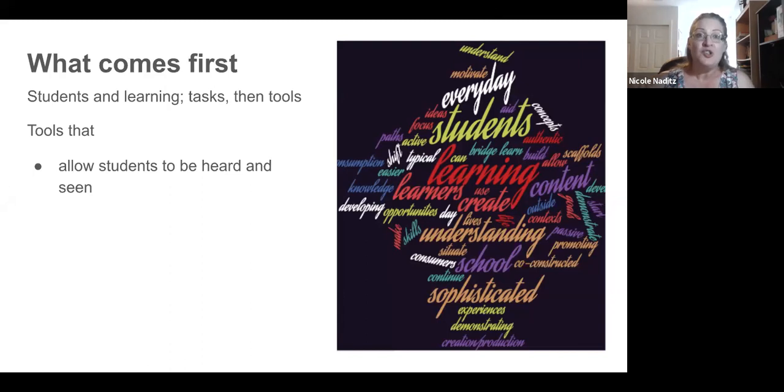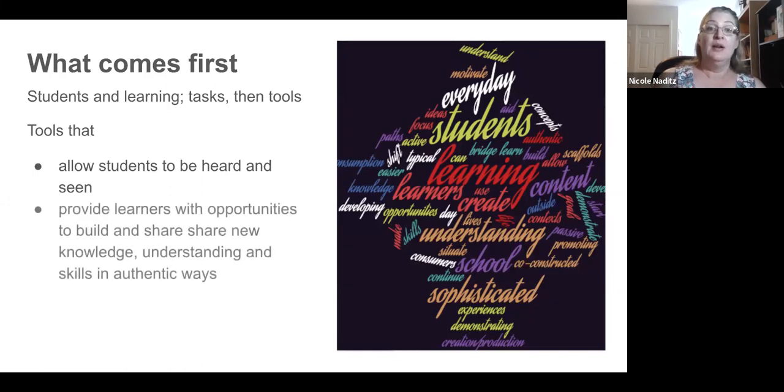So what we're trying to do then is, how can we have some tools that make all students feel comfortable enough to allow their voices, their perspectives, their experiences, and their knowledge, and even sometimes their misunderstandings, to be seen and heard?